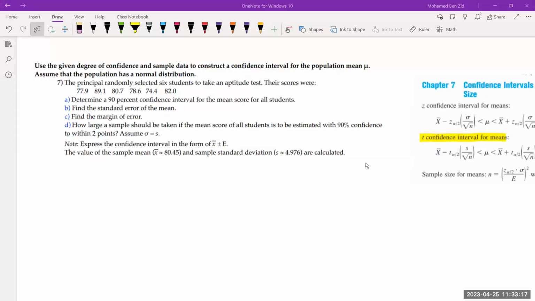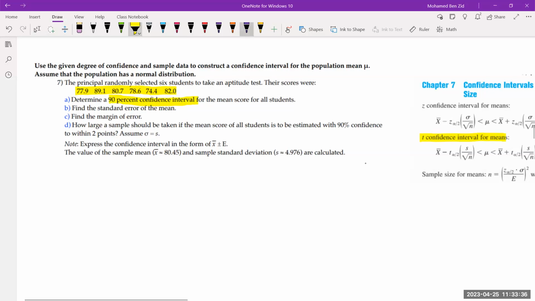Okay, let's start. They give you 6 numbers, and this is your sample. What they are looking for: determine the 90 percent confidence interval for the mean.